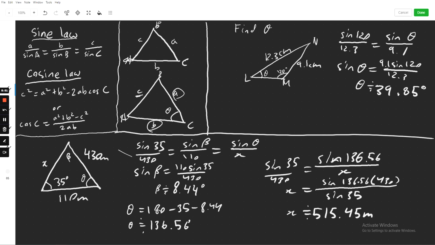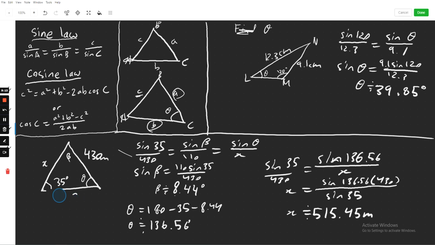So therefore, the unknown side is 515.45 meters, and the unknown interior angles are 8.44 degrees and 136.56 degrees. Alright, and now we can move on to maybe some cosine law applications.